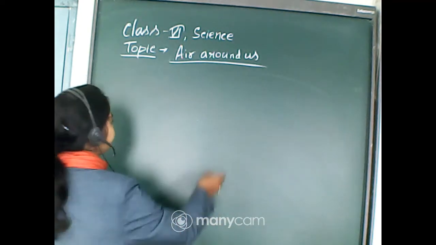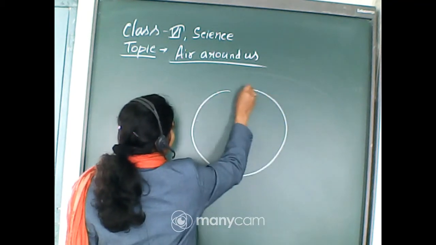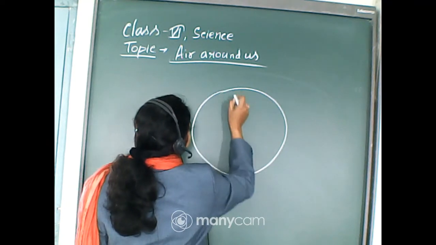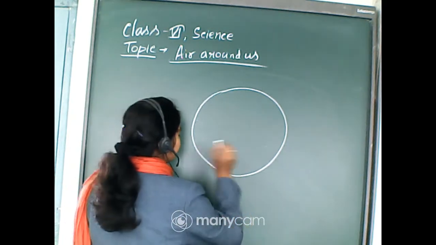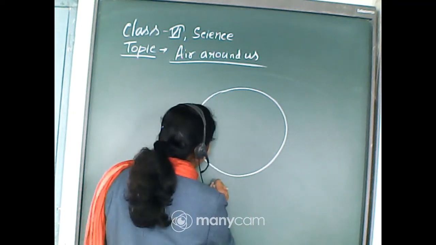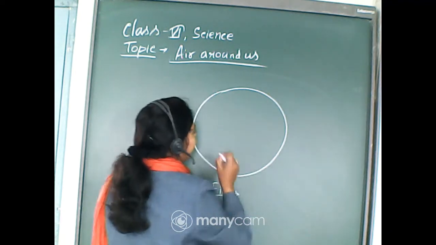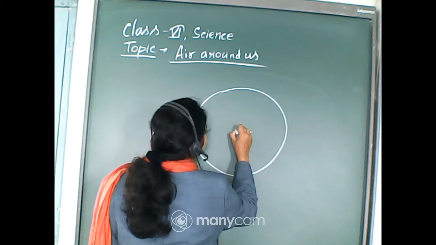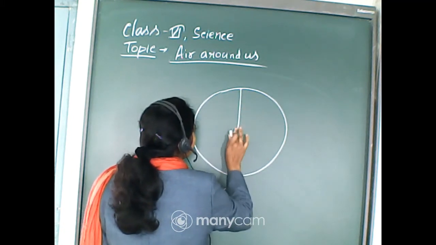If we draw a circle, this is a pie chart through which we can depict 100% of a thing. So assume that 100% air is present in that circle.